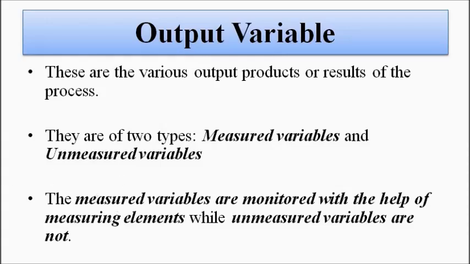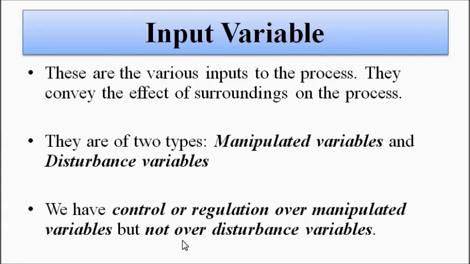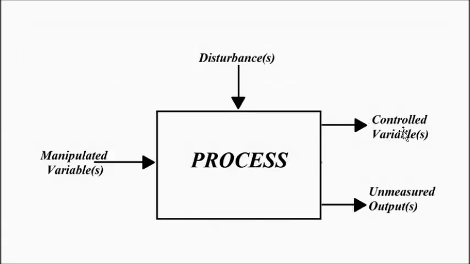The various input variables are controlled or regulated, they are manipulated to give us the necessary output variable. That is why it is called the manipulated variable. Disturbance variables are not within our control. They unnecessarily affect the process.